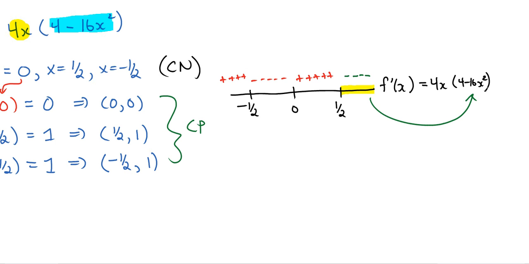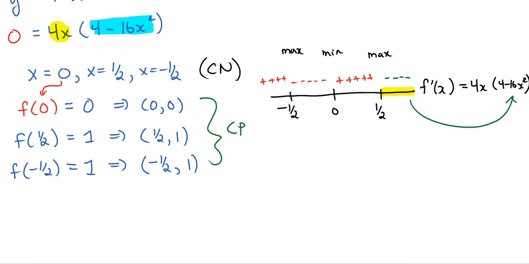For my example, I know it's going to work out like this, but when you do your quizzes and exams, take the extra 30 seconds and check whether those intervals are indeed positive and negative. I know that they are, so this will be a max here, this will be a min, and this will be a max.